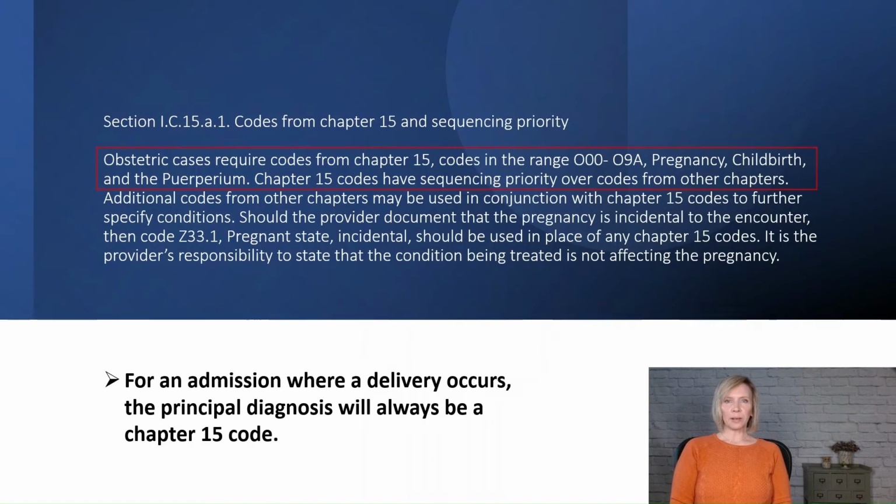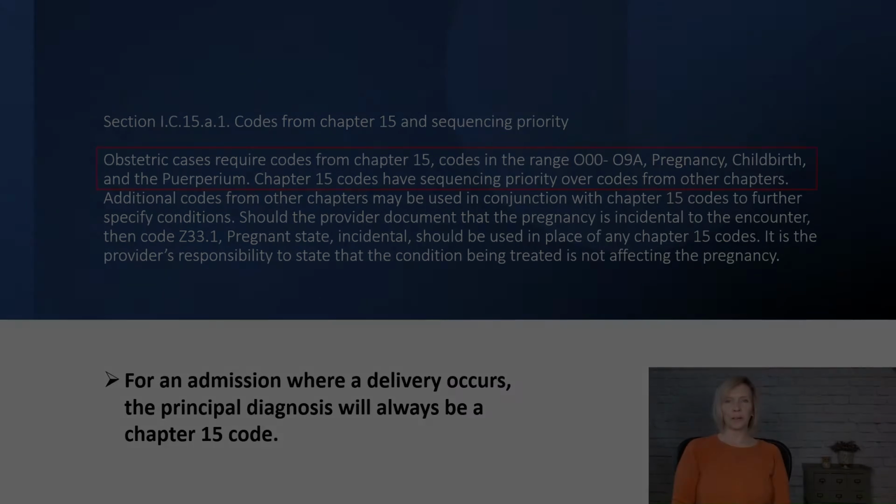When selecting principal diagnosis for vaginal delivery, there are a few key concepts that are necessary to understand. First is that obstetric cases require codes from Chapter 15, and these Chapter 15 codes take sequencing priority over codes from other chapters. So for an admission where a delivery occurs, the principal diagnosis will always be a Chapter 15 code.